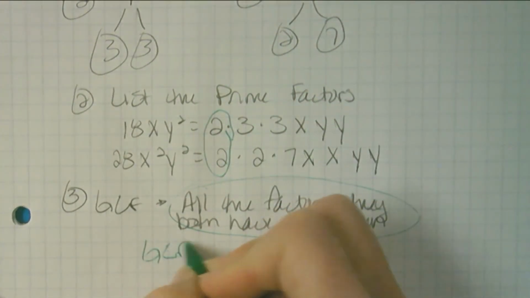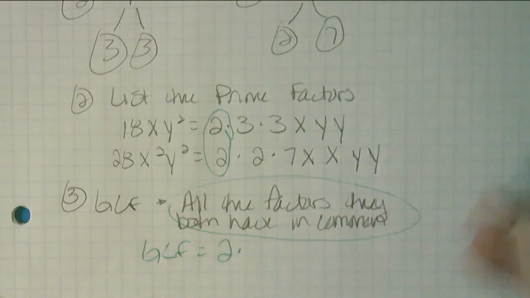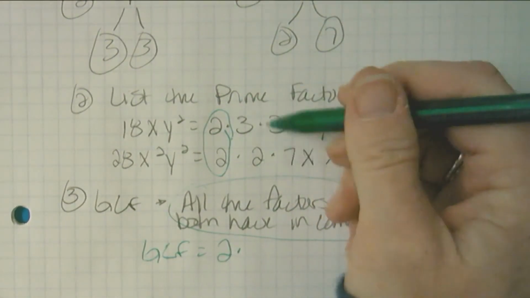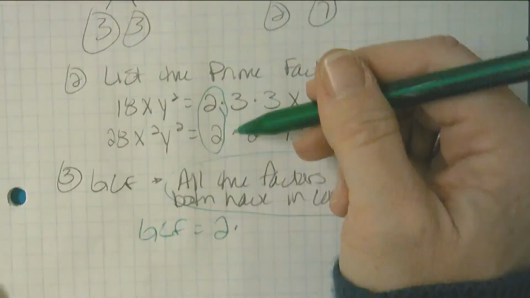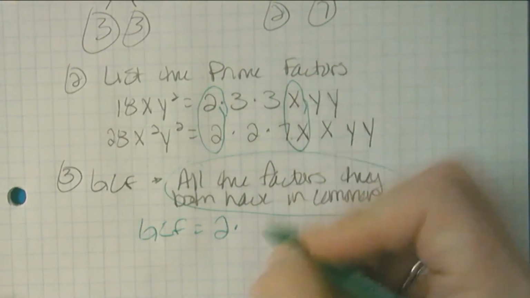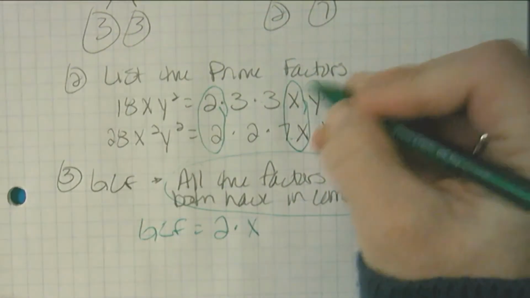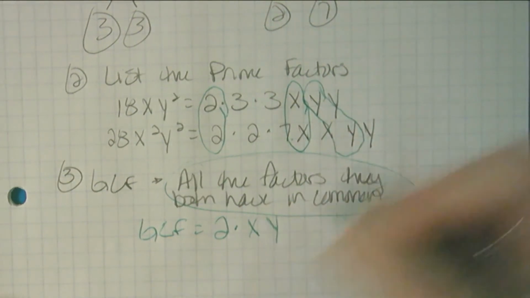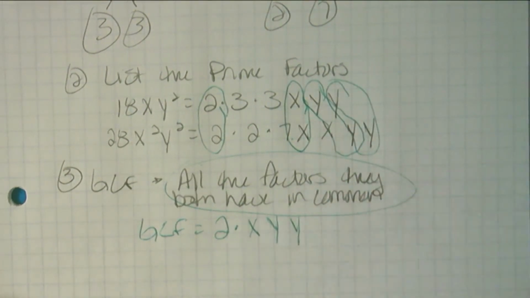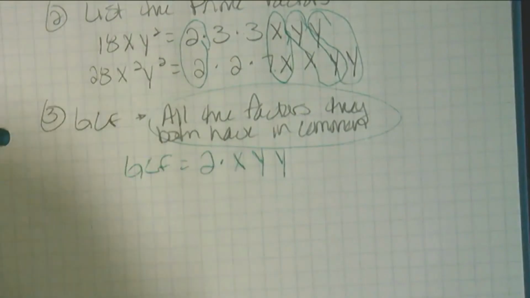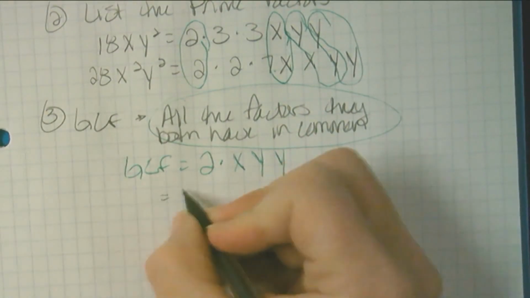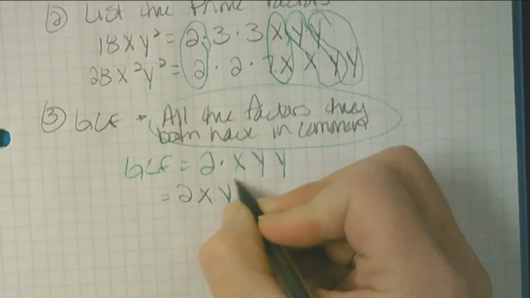So my GCF is going to be 2 times. Well, they don't have any other number in common, so they have just 1, 2 in common. They have an x in common. They have a y in common. And they have another y in common. So my GCF for this one is going to be 2 times x times y squared.